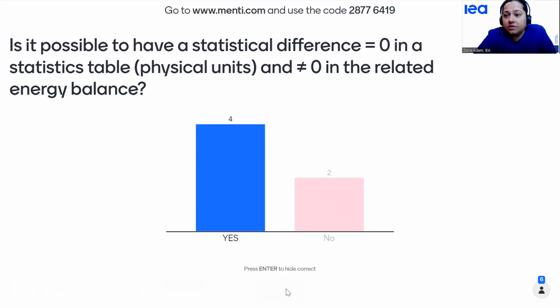But if you're not using appropriate calorific values for the different flows in the energy balance, then you might end up with a statistical difference in energy units, even though in the physical unit it did not exist. So again, I emphasize the importance of collecting appropriate and accurate calorific values.